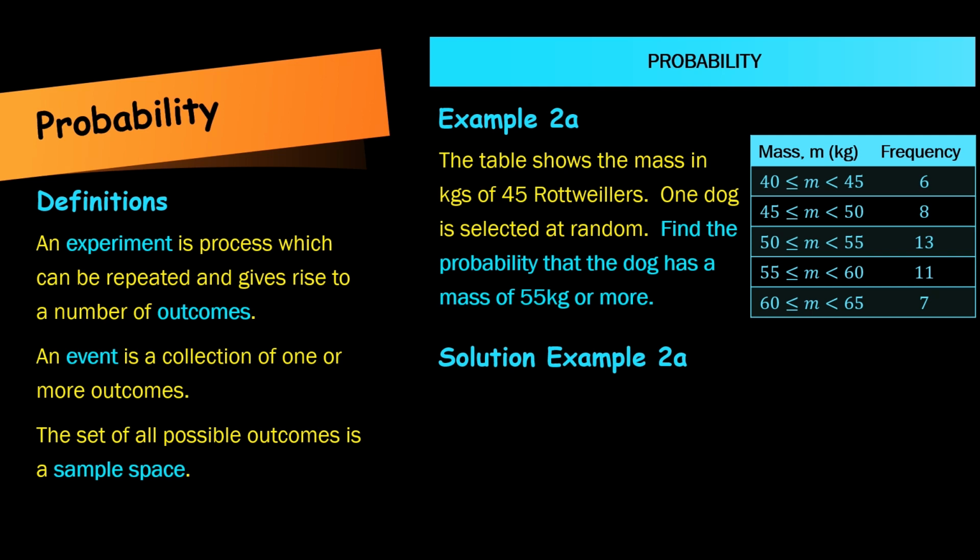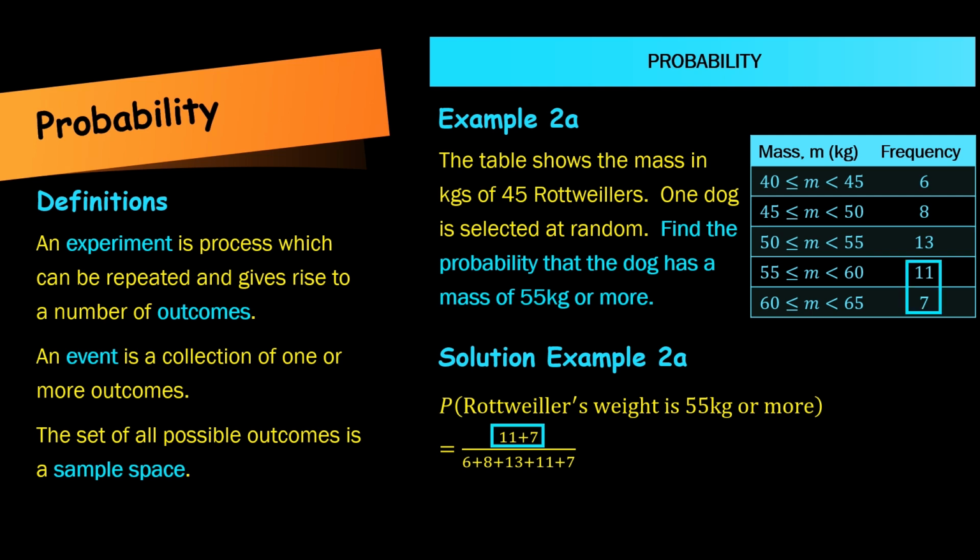So let's solve this. We're looking for the probability that the Rottweiler's weight is 55 kilograms or more. This occurs in the last two categories of the table. There are 11 dogs in the 55 to 60 category and 7 dogs in the 60 to 65 category.